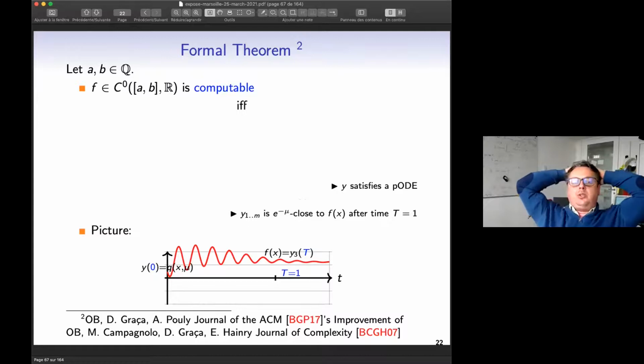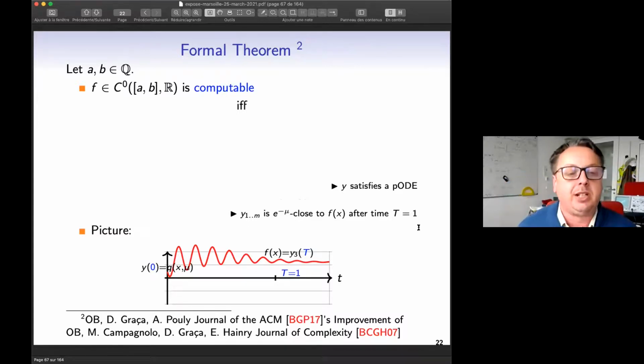I say that a function is computable by a Turing machine if and only if you could build some polynomial ordinary differential equation so that if you feed x and mu, x is the value, mu is the precision, at time 0 to the machine, you let the machine evolve, you stop it at time 1, what you will get on some component, say component number 3, is the value of f with precision exponential minus mu.